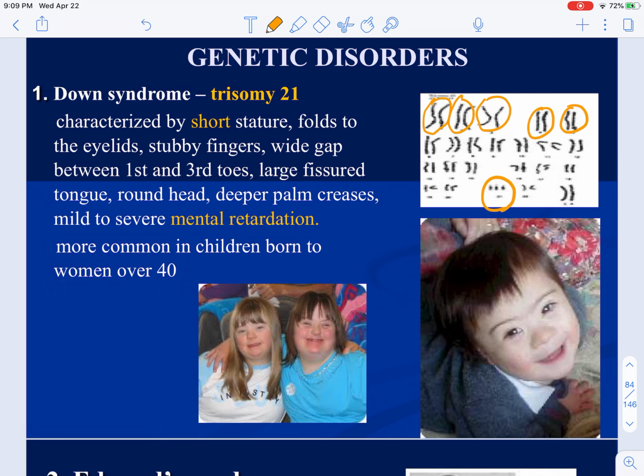There was nondisjunction, and either the sperm or the egg, you'll never know, had an extra number 21. And so when the sperm met the egg, one of the gametes had 2 number 21s. The other one had the 1 number 21 it was supposed to, and you ended up with a trisomy 21, which is 3 of some chromosome.